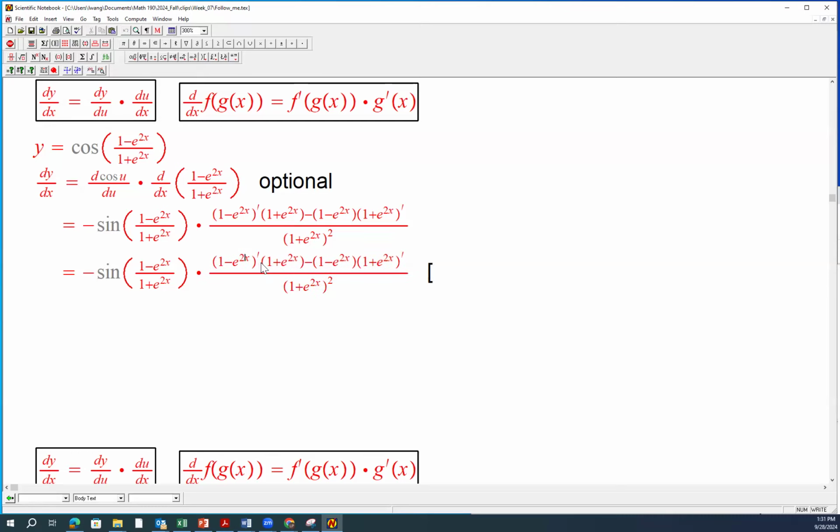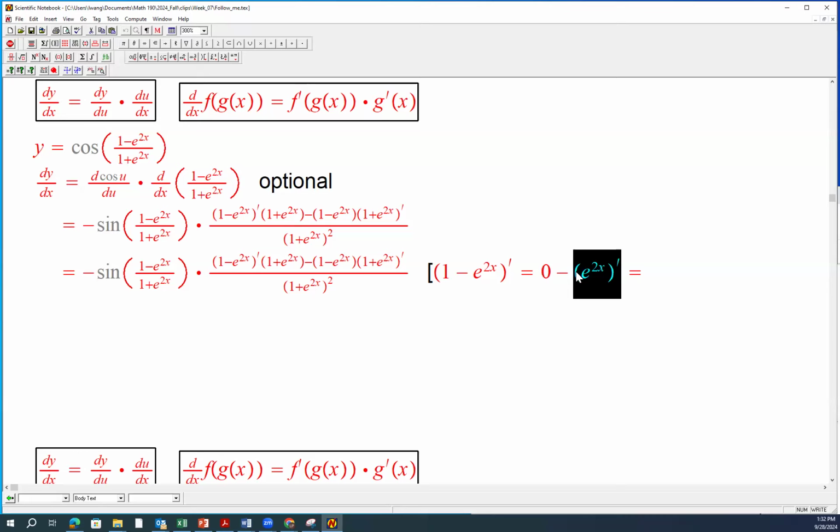Some of you probably just do it on the scratch paper, or you just do it right away, okay? So you're going to get 0, and then minus e to the power 2x, differentiated. What does that equal to?